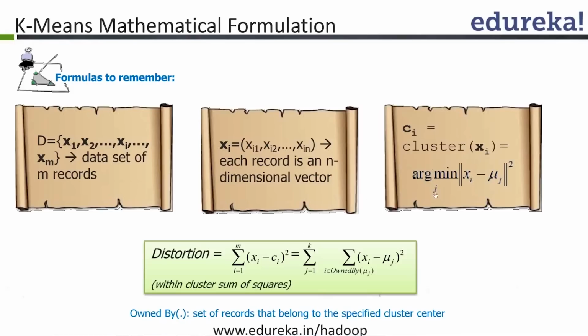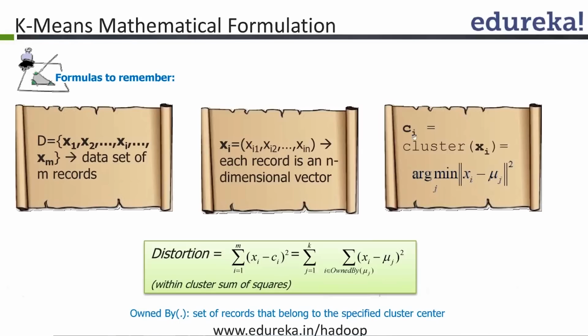Now, with these definitions, I can define this quantity called distortion, okay. What this means is, for each of the data points, i equal to 1 to m. Remember, we have m records or m data points. So for each data point, I take the distance between the point and the cluster center to which it belongs. Okay.